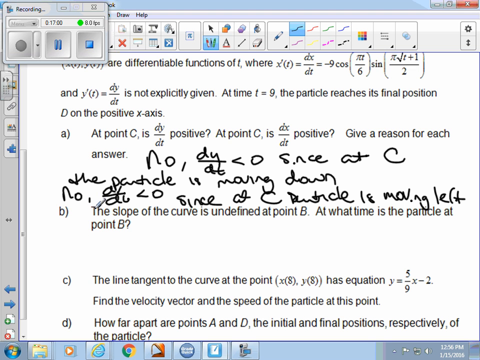I don't know what y prime is, but when would dy over dx be undefined? When dx dt is 0, right? So I want to know dx dt equal to 0. For AP purposes, it's fine if you don't write out the function. If you write dx dt equals 0, that would be plenty. And so I want to find that.